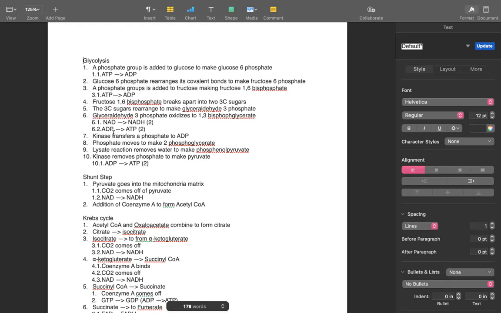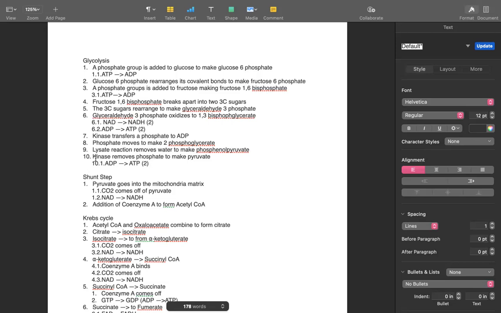Sorry, I just wanted to make sure I got that written right. Okay. Next, we transfer a phosphate to ADP. This phosphate moves to make 2-phosphoglycerate. Then we have a lyase reaction, removing water to make phosphoenolpyruvate.